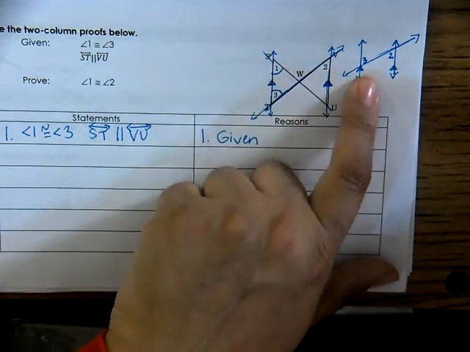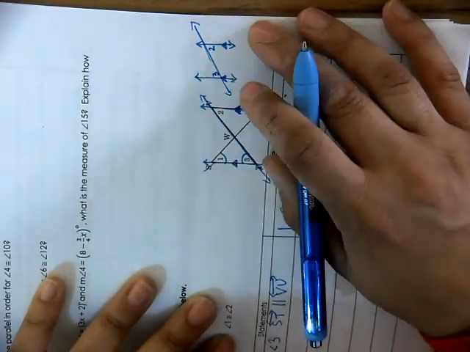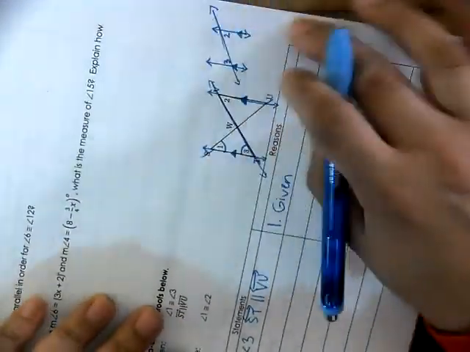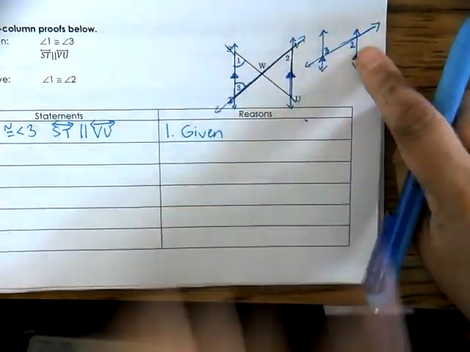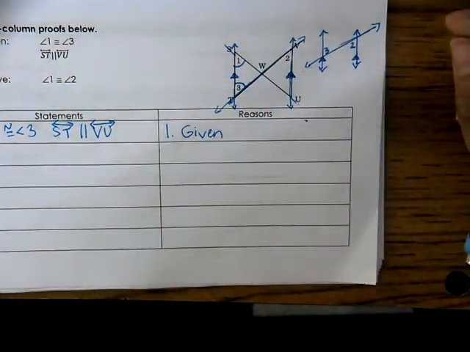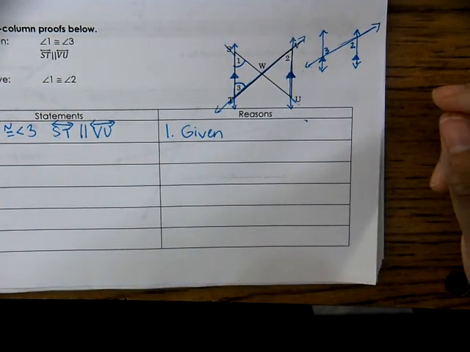Okay, now that you're looking at the diagram, if it helps you, you're welcome to turn it if you need to see it more like what you might be used to seeing with the lines being parallel like this, or whichever way you need to do it. But does anyone see what type of angles 2 and 3 are from the list of our four angle pairs? What do they look like?